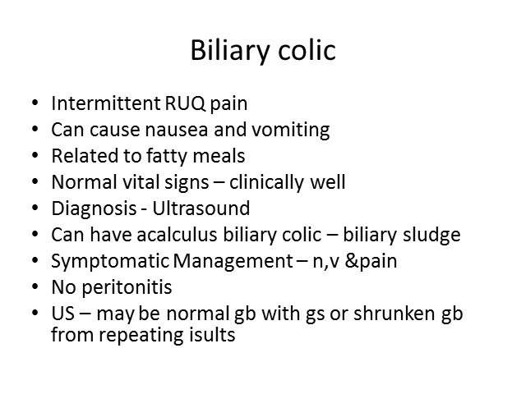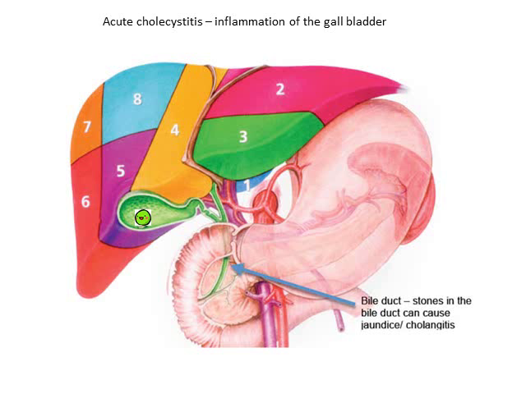You can get acalculous biliary colic, when biliary sludge causes exactly the same problems, and we treat it the same way as gallstones. You manage them symptomatically, and you might need an ultrasound scan to see where the gallstones are, how many there are, how big they are. If it's causing a lot of pain and it's continuous, they might need a cholecystectomy.